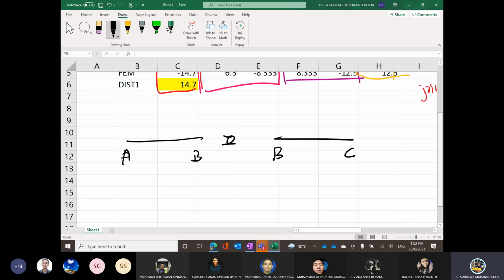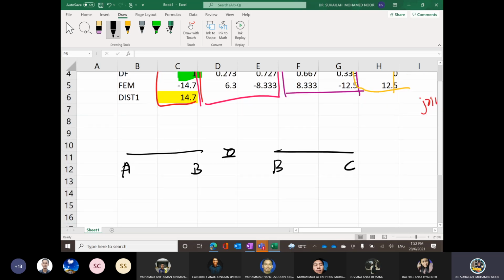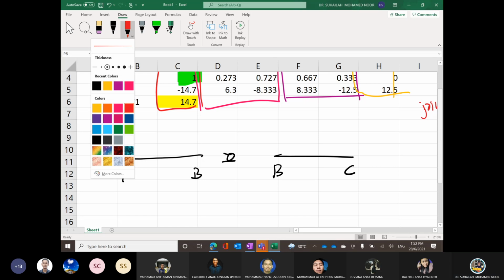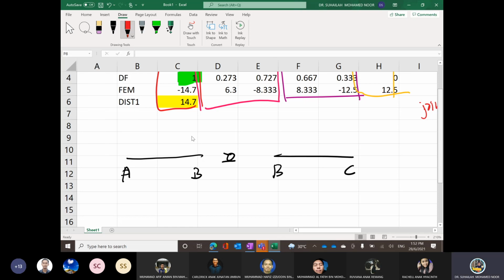From the fixed end moment, we have 14.7 and 6.3. Clear that one?